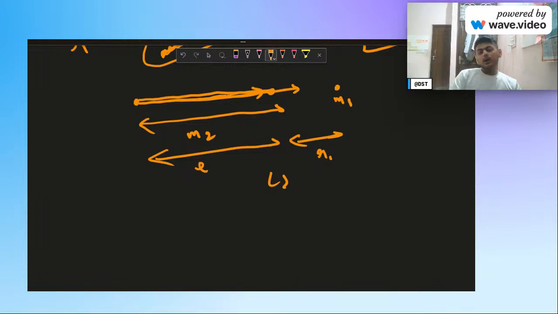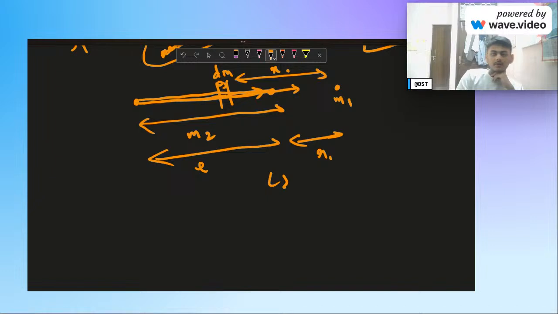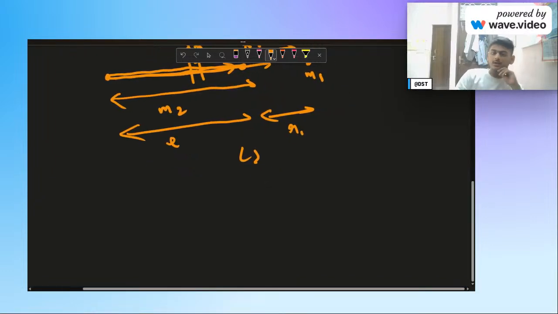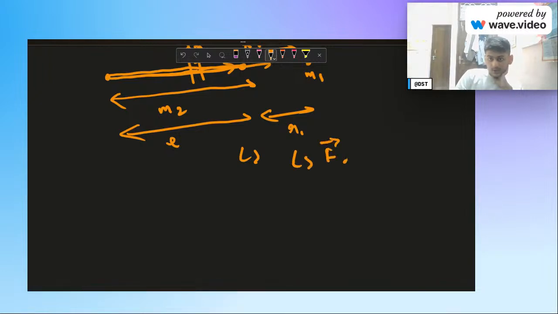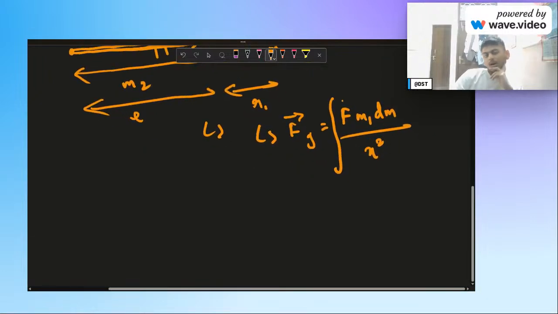Now for m1, how can we write the force? Let us take any small element of mass dm at a distance x from m1. Then the force due to gravitation on mass m1 will be G m1 dm by x squared, integrated.